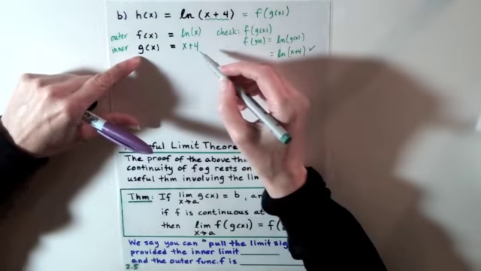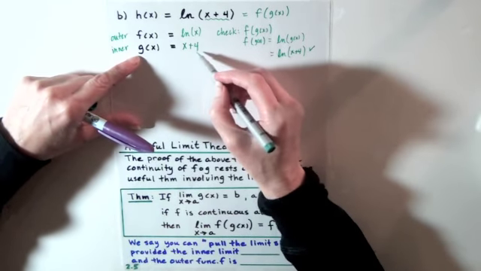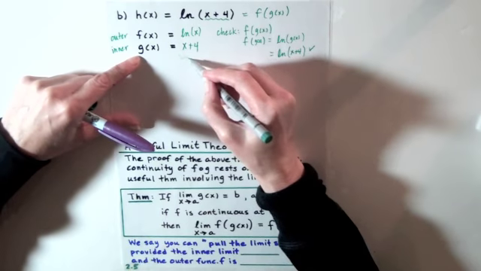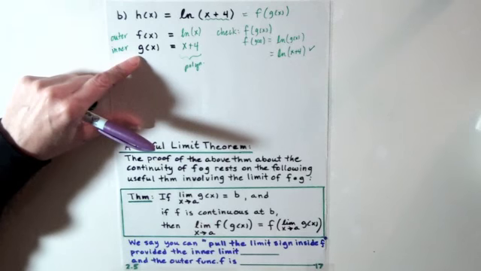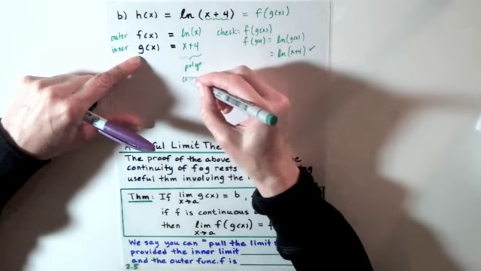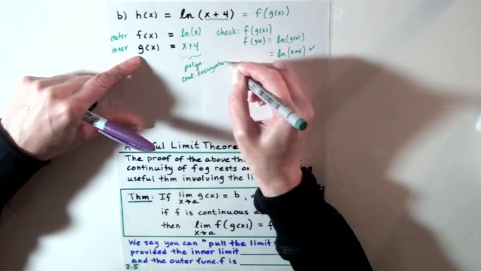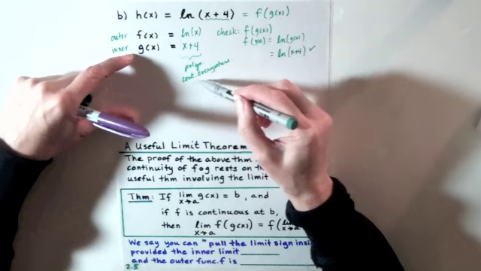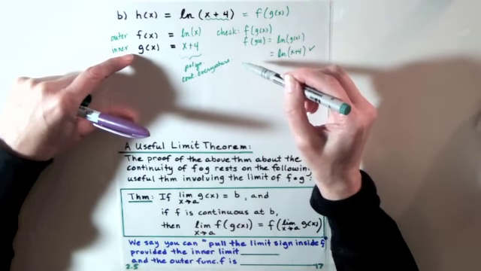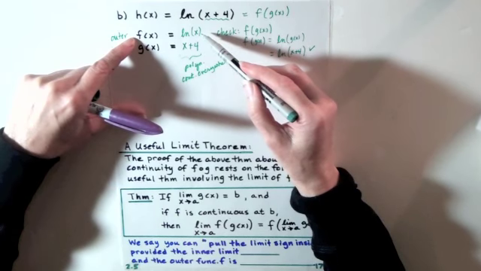Well, let's think about the continuity of the inner function first. g of x is equal to x plus 4. What kind of function is that? That's a polynomial. And polynomials are continuous on the whole real number line. They are continuous everywhere. So the inner function is continuous at every real number. But what about the outer function in this case, ln of x? Where is it continuous?